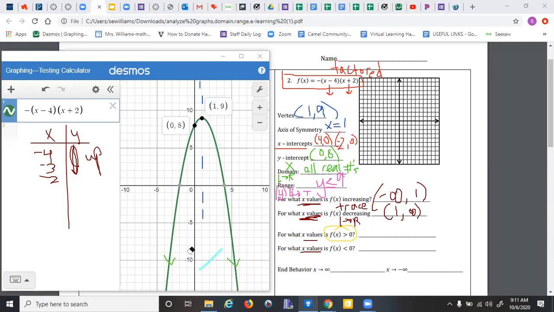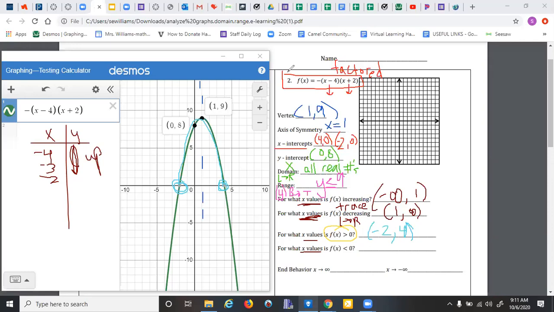It is above the x-axis from here all the way to here. What is my x value for that one right there? -2. Good, and then it goes to what? What's your x value over here? 4. Good, -2 to 4.